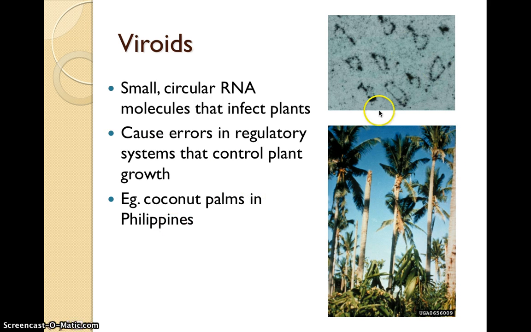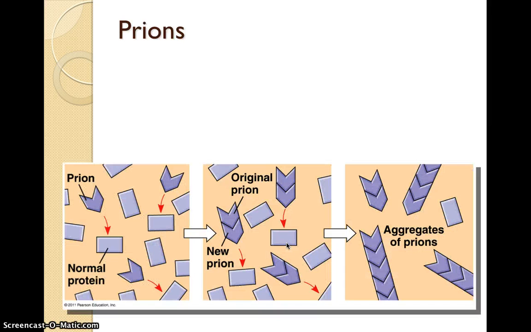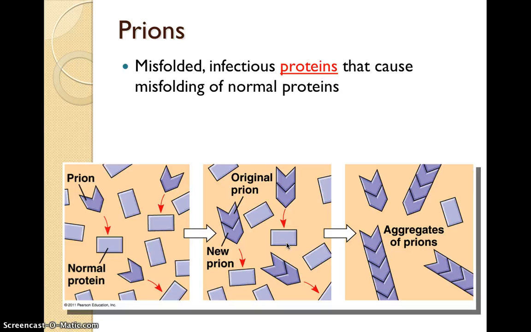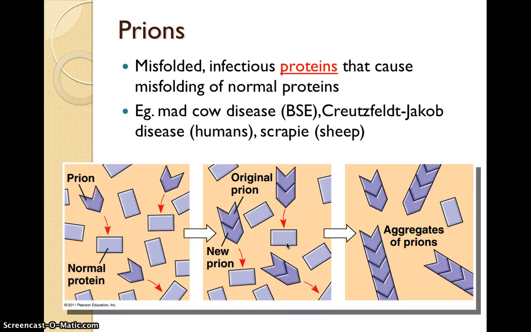This one is a viroid that causes coconut plants to not grow properly. As you can see, the affected one's leaves all fall. It doesn't allow the plants to grow, and it makes the whole system within the cell non-functional.